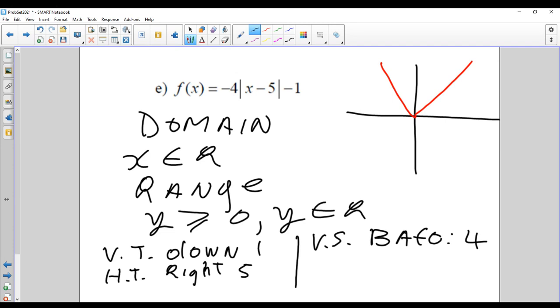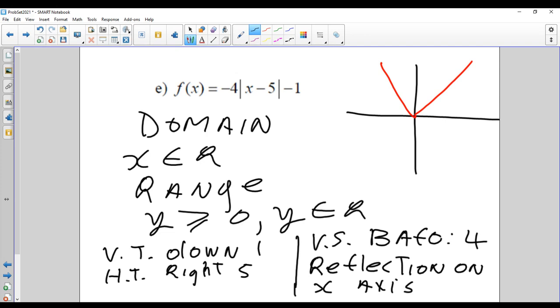Because it's in front of the whole function. If it was just in front of the x, then it would be a reflection on the y. But negative on the outside is a reflection on the x. You can look back at your notes. That should be there, hopefully, somewhere. So reflection on the x-axis.